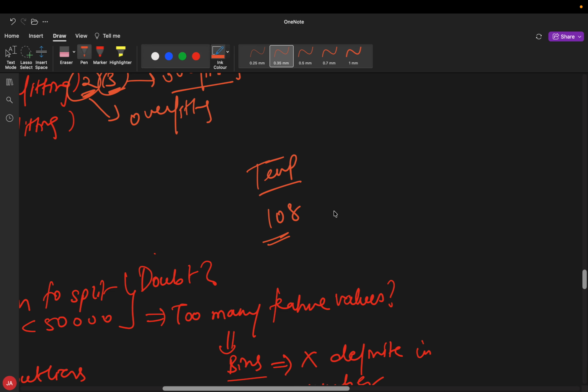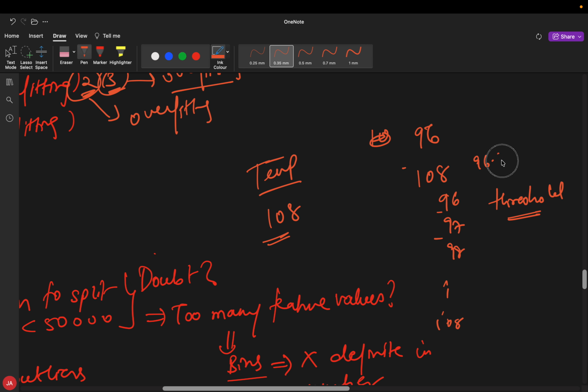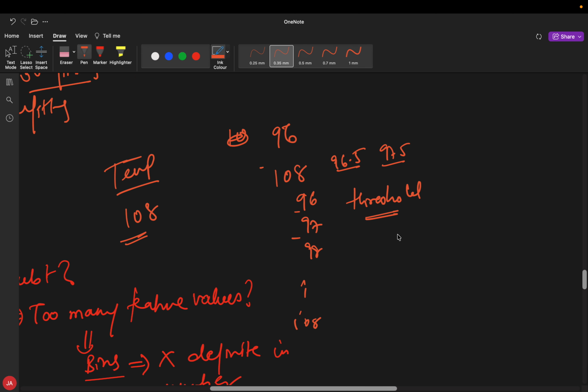It doesn't really matter, because my feature ranges from 96 to 108, 96, 97, 98 up to 108, and I only need to find a threshold value from that feature. If the threshold value is, let's say, 96.5 or 97.5, an outlier of 108 doesn't affect my threshold value.